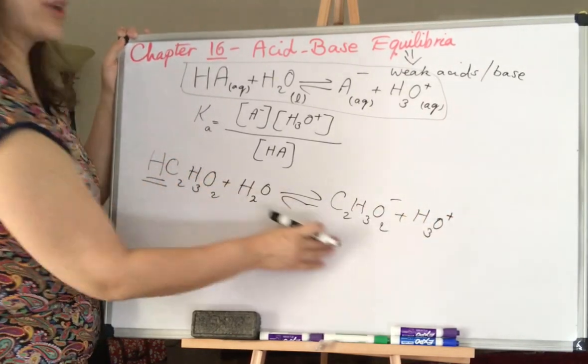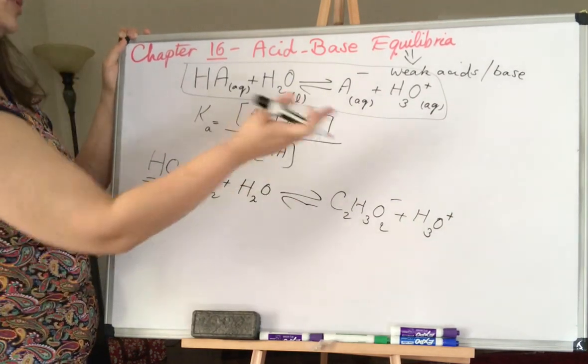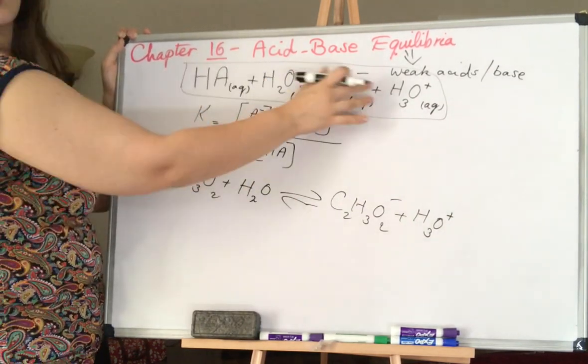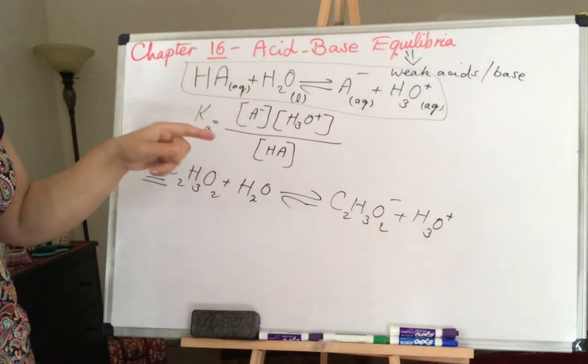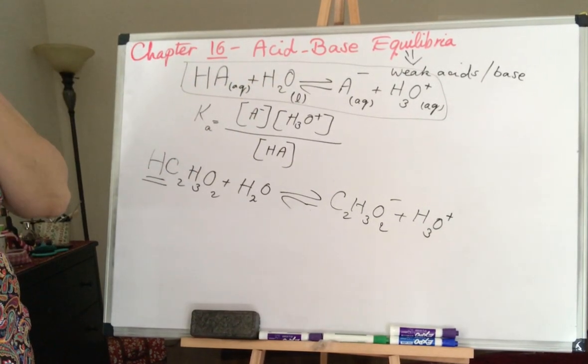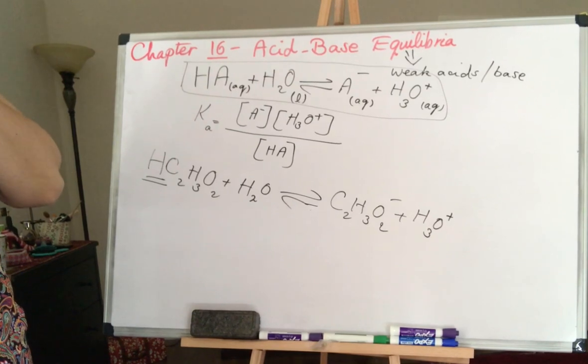So if we don't know the formula of acetic acid, or if it's too long, we just substitute it with HA. So keep it in mind, it becomes handy, especially in the exam. Acid ionization constants are given in a table. If you need them, they will be given for sure. Nobody memorizes any constants.